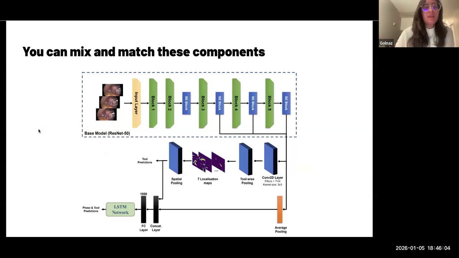So your problem might be big enough where you need some modules to extract some information about the image, and then you need some modules to extract some information about the temporally correlated part of the problem, or even your data set might come in different modalities, and at the end you want to predict something based on an image, and also some notes or some measurements about the patient.